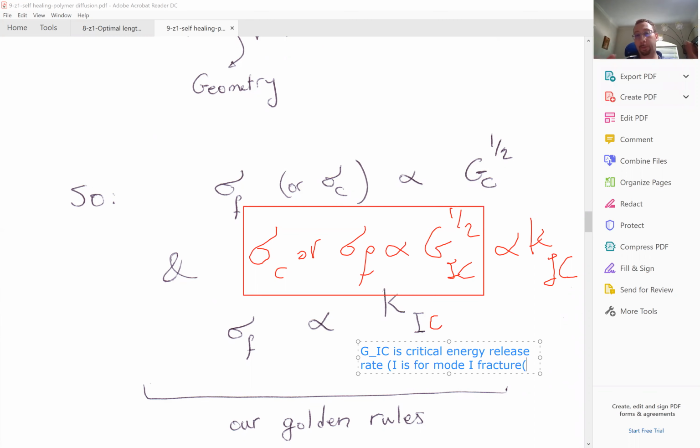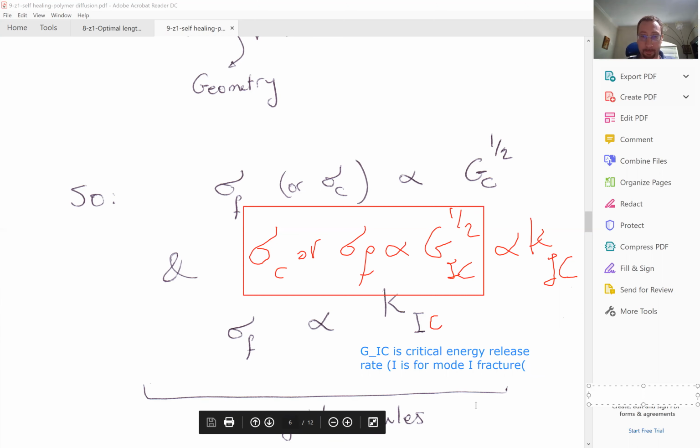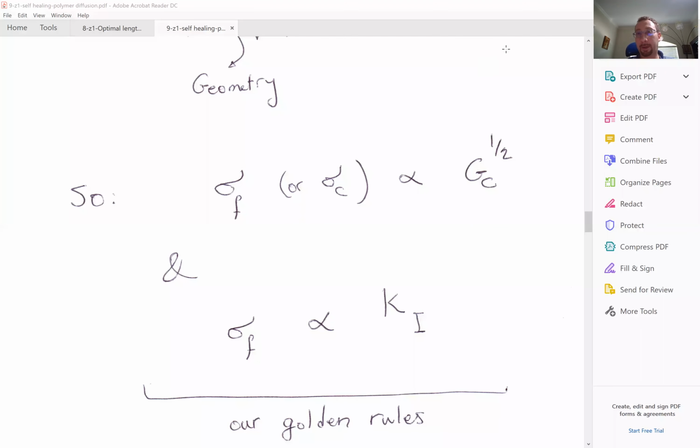Obviously you can have mode 2, mode 3, and so on. I call them our golden rules, but this is my designation for this course.